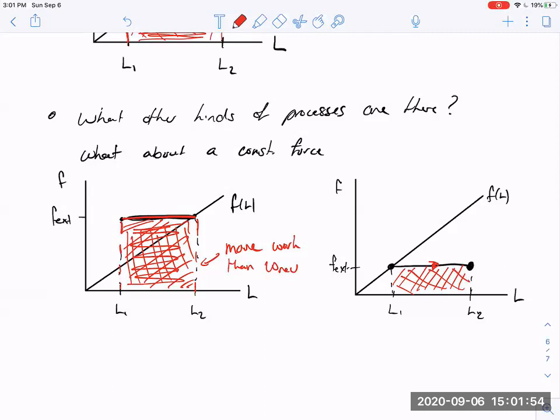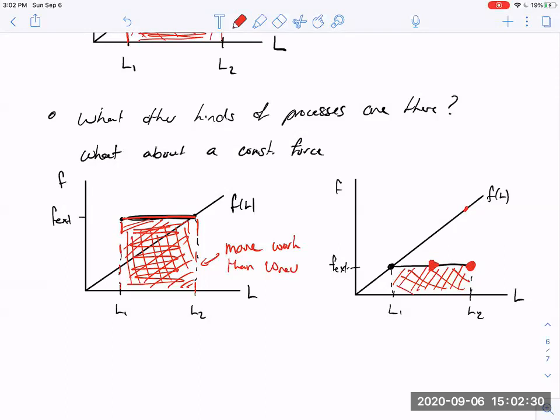Is that something that we could actually do? Could we apply this smaller force? What do you say? Is this possible? This would seemingly violate Clausius' statement, or the statement we derived from the Clausius statement. What's wrong with it? Indeed, if I applied only this size force all the way at L2, remember, this line is the force that the polymer pulls back with.